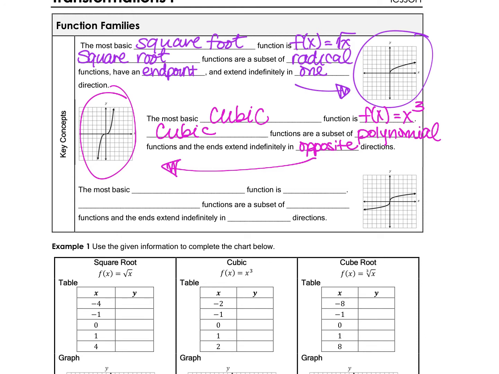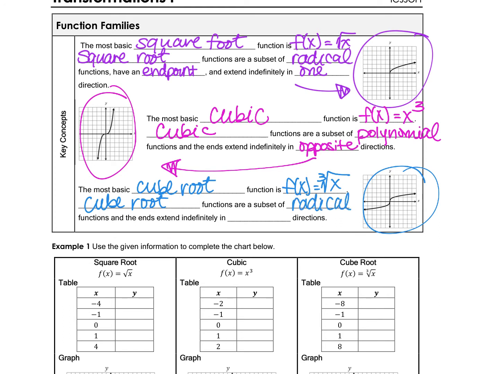Okay, so the third one we're going to be looking at, here's our graph. This is the cube root function. So the parent function of that, which is your basic, is cube root of x. So the cube root functions are a subset of radical functions, just like up at the top with the square root.